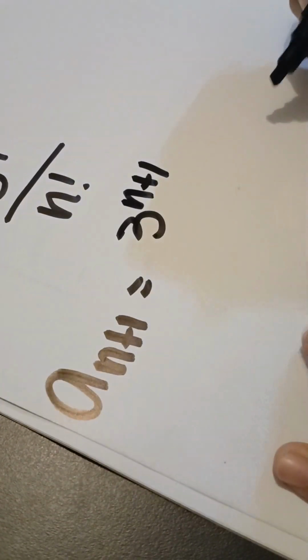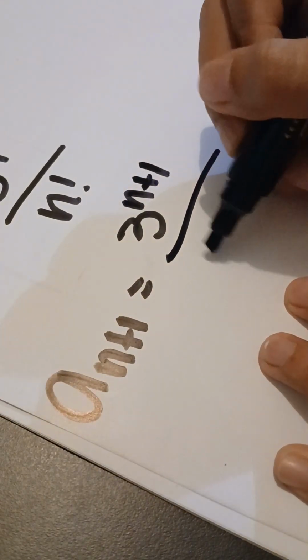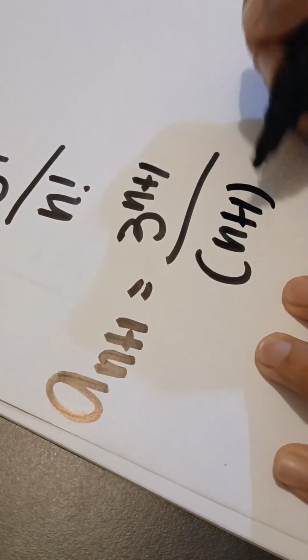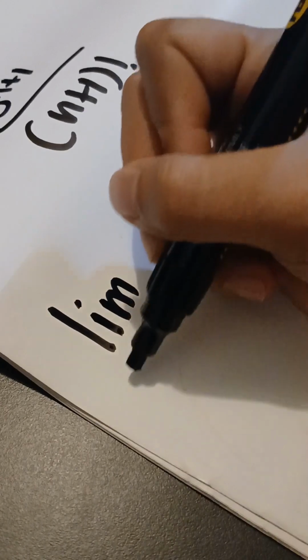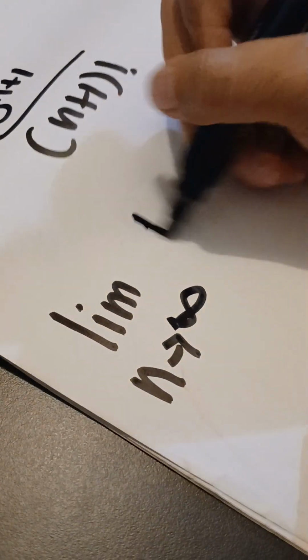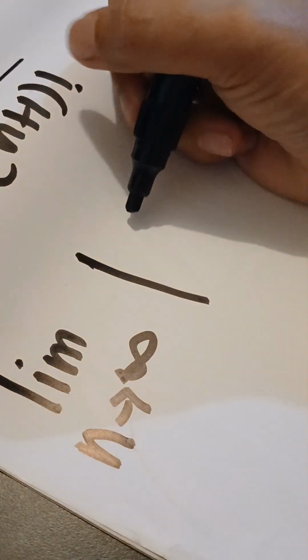Now, let's take the limit as n goes to infinity of a sub n plus 1 times 1 over a sub n.